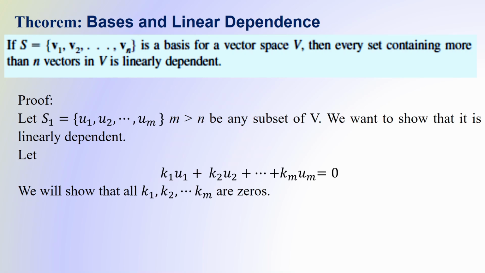Now consider k1 u1 plus k2 u2 plus ... plus km um. We know that v1, v2, ..., vn is a basis for the vector space. Since it is a basis, any vector u1, u2, ..., um can be written as a linear combination of v1, v2, ..., vn.